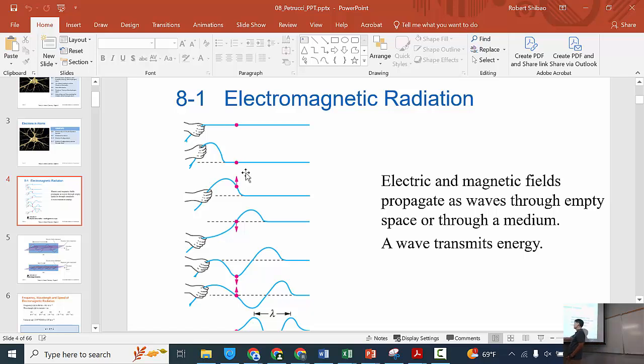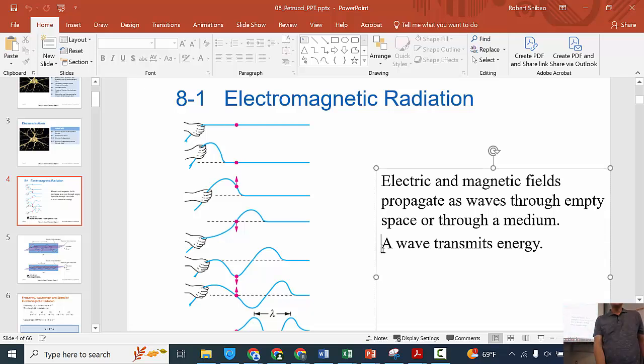So this is propagating, it's moving here. And it's moving at some speed, depending on how it propagates. And so this is like a wave. Positive amplitude, negative amplitude, positive amplitude, negative amplitude. And so we have these oscillating electric and magnetic fields that propagate. This is electromagnetic radiation, and that's energy that's being propagated.